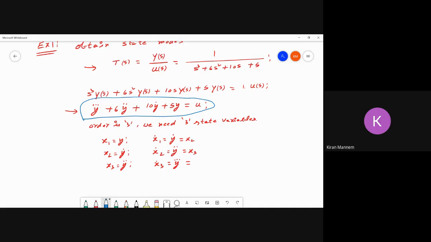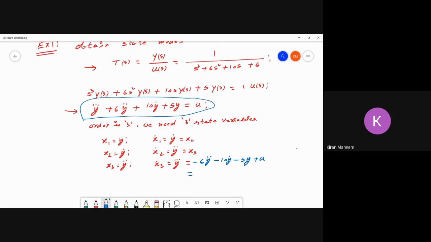Now what is y triple dot? It is nothing but minus 6y double dot minus 10y dot minus 5 into y plus u. Now what is y double dot? It is nothing but your x3.